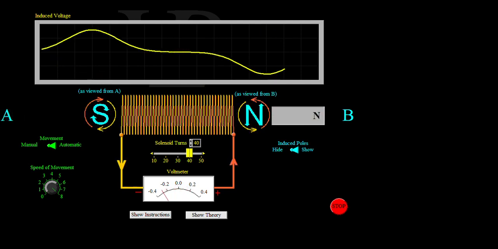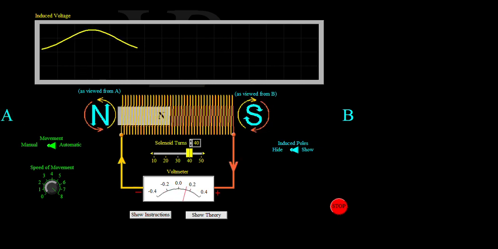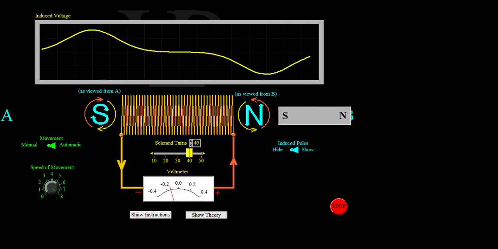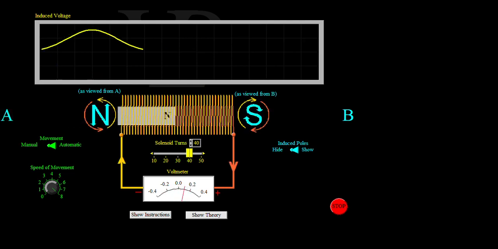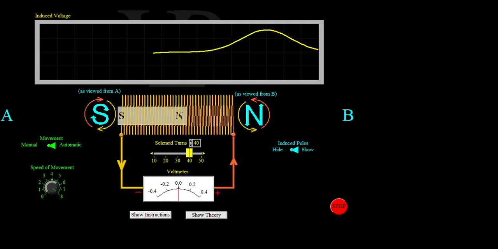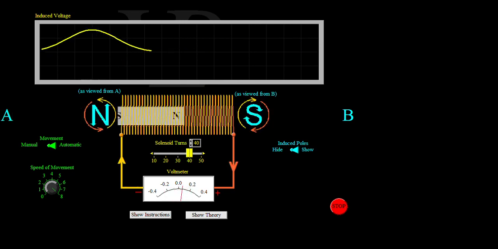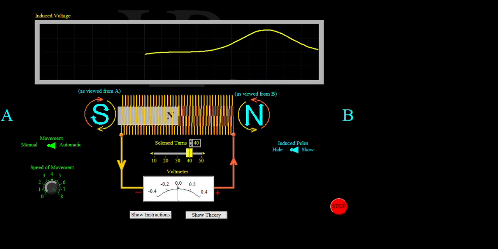So watch as the north pole comes in here. So this is becoming a north pole as the north pole approaches. Look what's happening here. As the south pole leaves, this becomes a north pole.